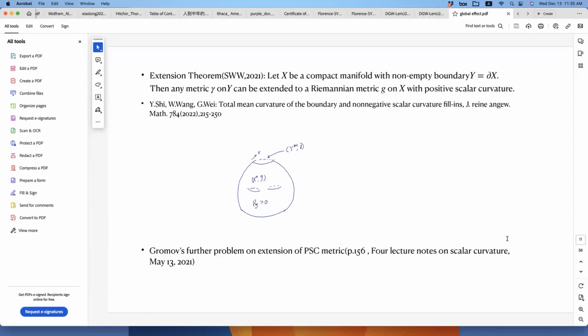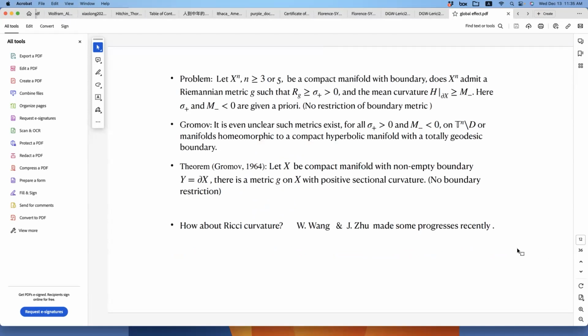And after that, Professor Gromov raised some further questions. These are some of them, two of them, but I will skip them. Actually, Professor Gromov himself has a very nice, beautiful result on such extensions. Let X be a compact manifold with a non-empty boundary.